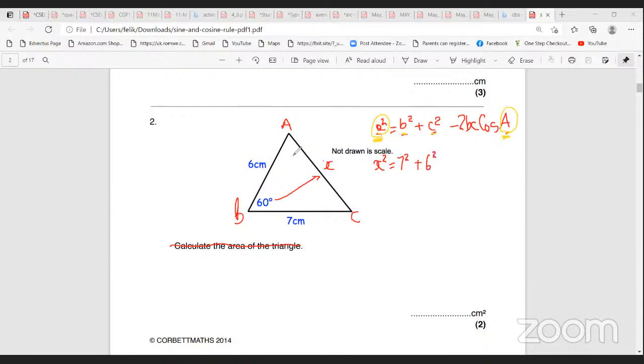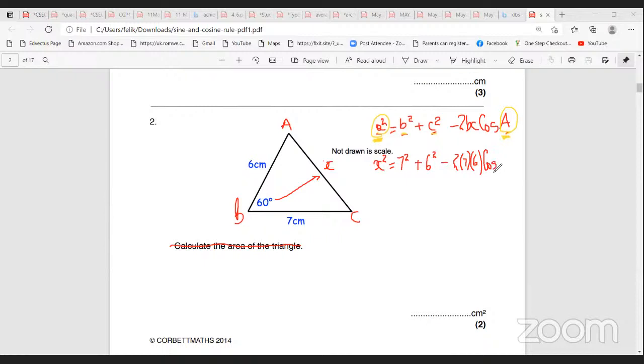All right, so the most important thing is to figure out the side and the angle, one or the other you would be finding, and then the b and the c would fall in. Minus 2b, which is 7, c, which is 6, cos A.